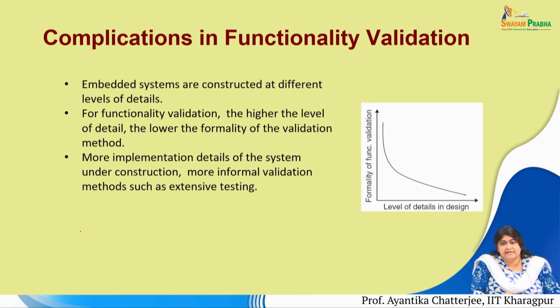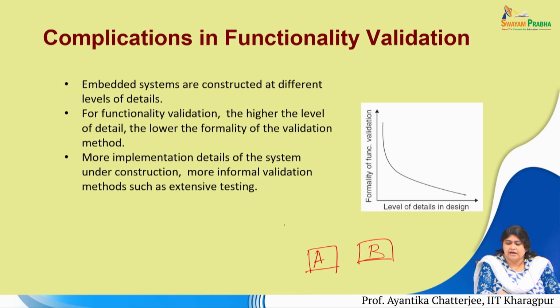There may be some small FSMs, sub FSMs, local FSMs, and we can combine those local FSMs, let us say A and B, the smaller FSMs, together and get one level up in the hierarchy.